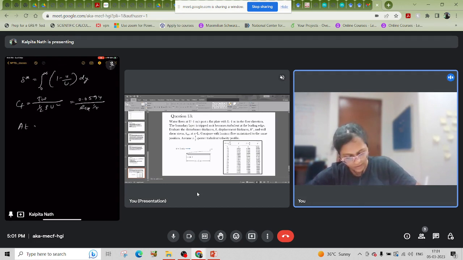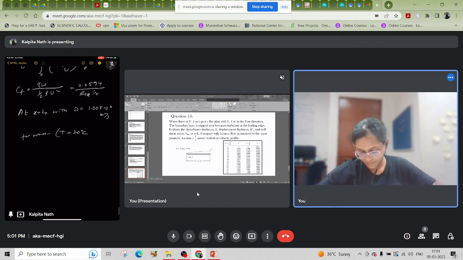Now it's given that x is equal to L, with nu equal to 1.00 into 10 to the power minus 6 meter square per second for water at T equal to 20 degrees Celsius.